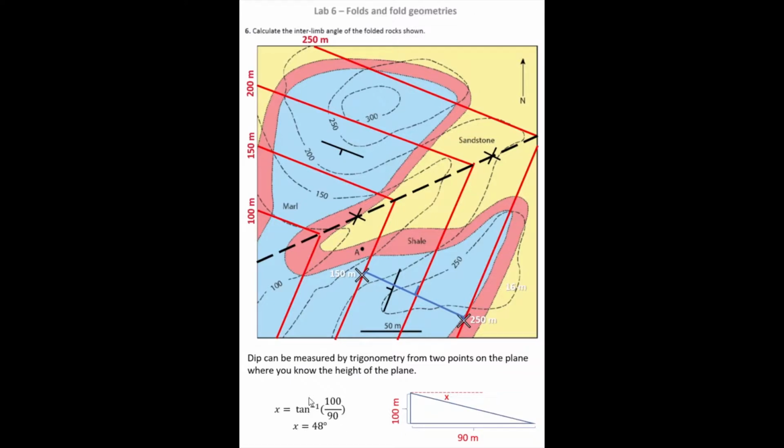So the dip of our contact between the shale and the marl can be calculated as being the inverse tangent of the opposite divided by the adjacent, or in our case 100 divided by 90, which gives us a dip amount of 48 degrees.